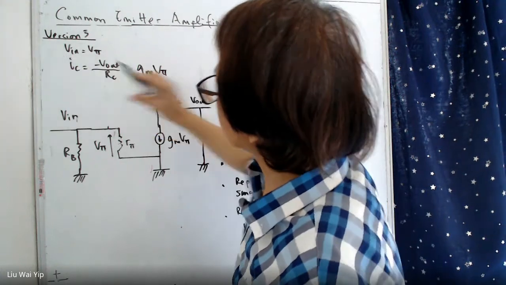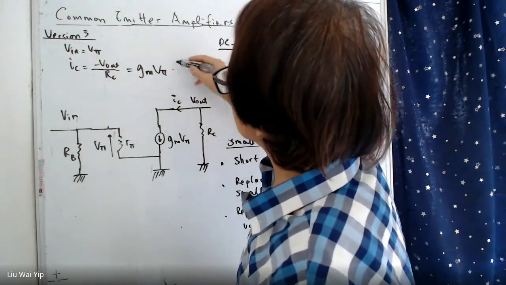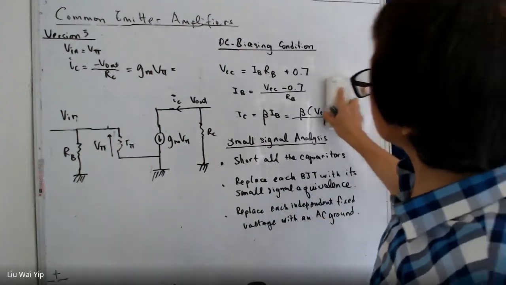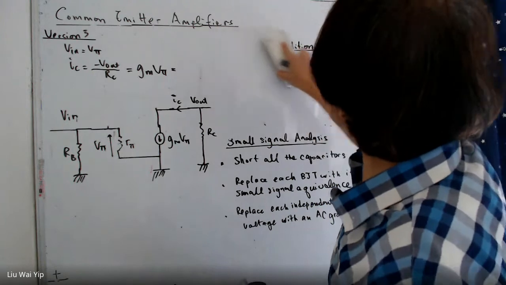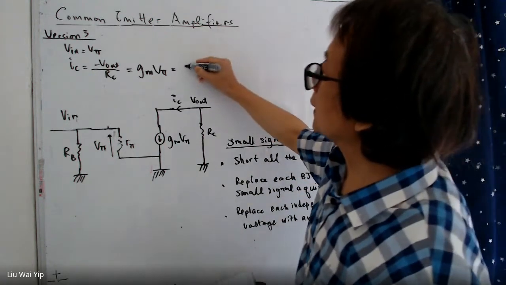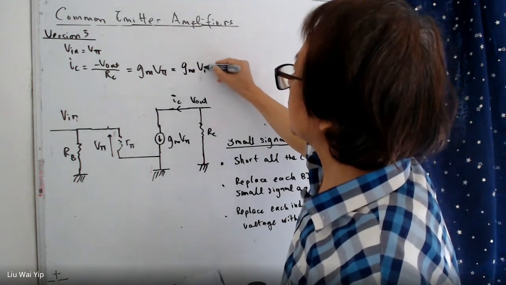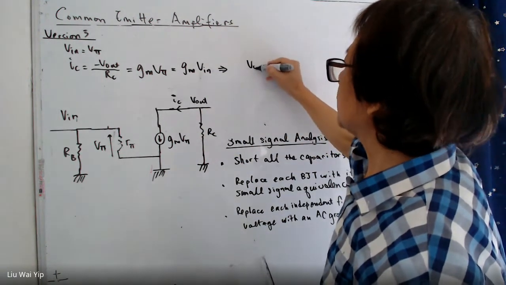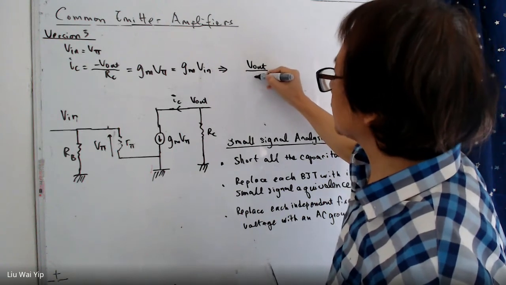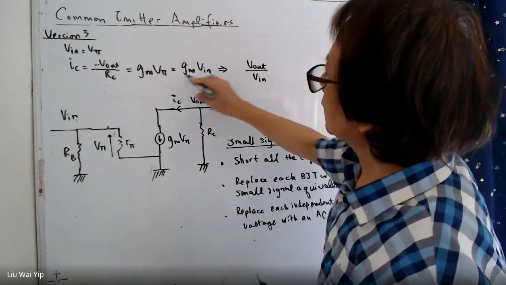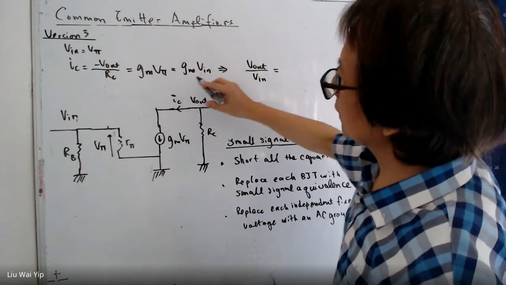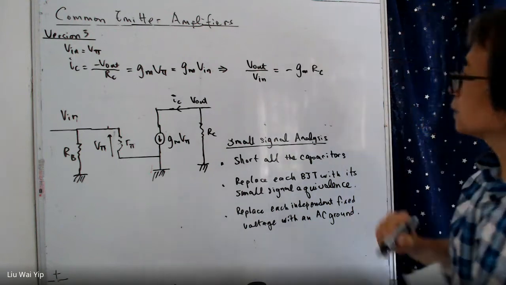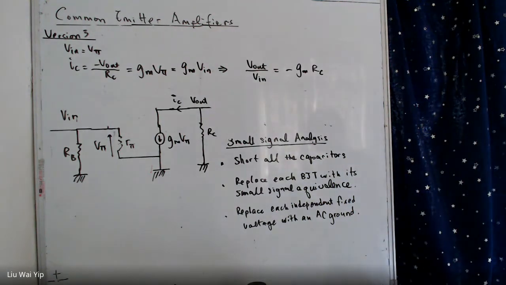If this is the case, we can just erase this part. gm Vin. So by moving the variable here, rearranging the equation, we end up with minus gm RC. And this is so-called the voltage gain.